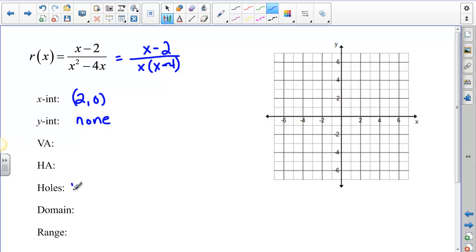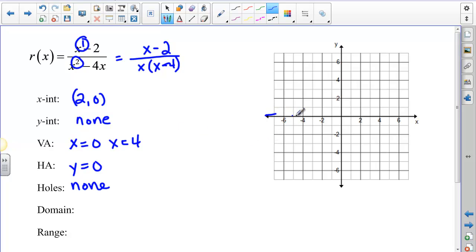We also don't have any holes because there are no factors on the top and the bottom that cancel out. Our vertical asymptotes are at x=0 and x=4 because that's where the bottom would be 0. And our horizontal asymptote is at y=0. It's at y=0 because the degree of the bottom is 2, the degree of the top is 1, 2 is greater than 1, and therefore it is y=0.